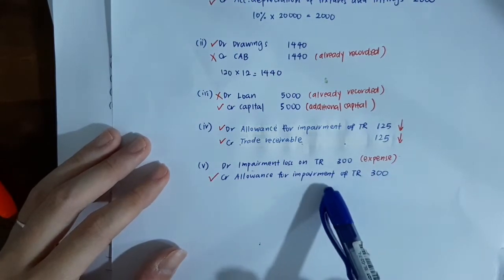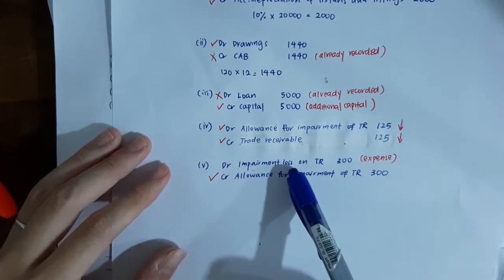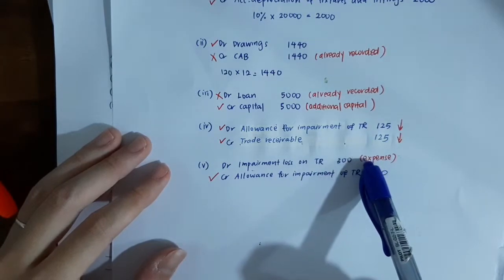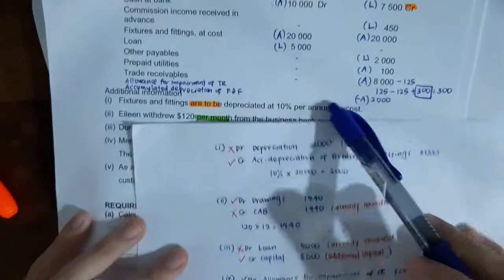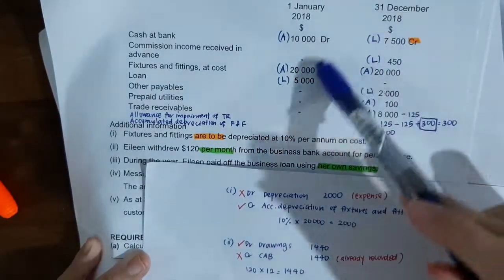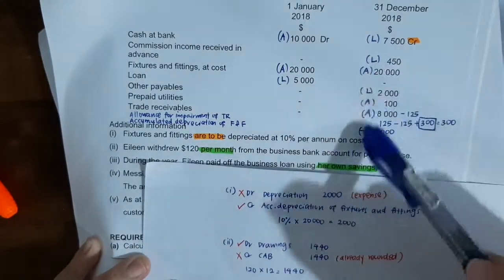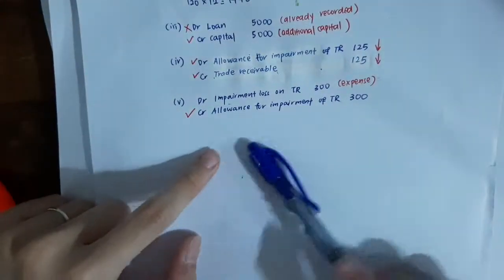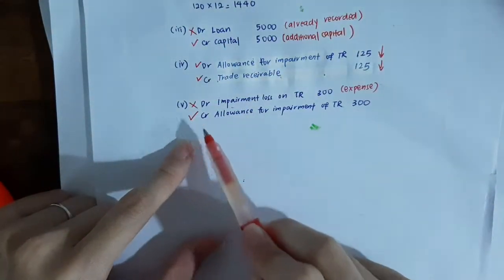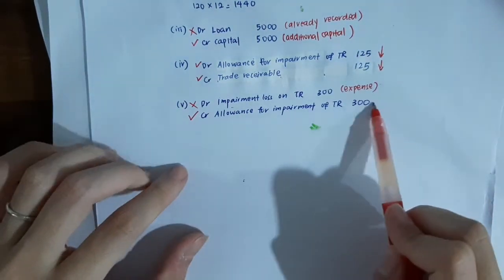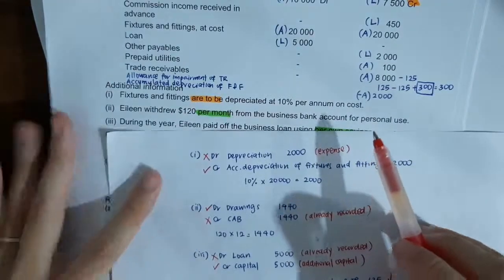Because my impairment loss is an expense, we do not need to adjust for any expenses or income in the figures here because I just want to use my A and L. So you can just ignore my impairment loss, but we need to take into account my allowance to make it $300 over here.